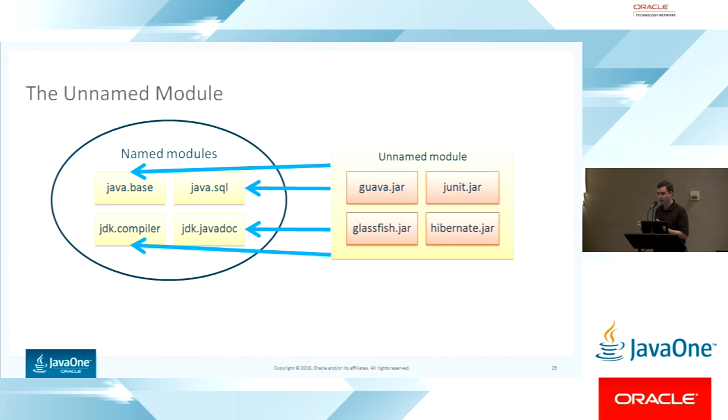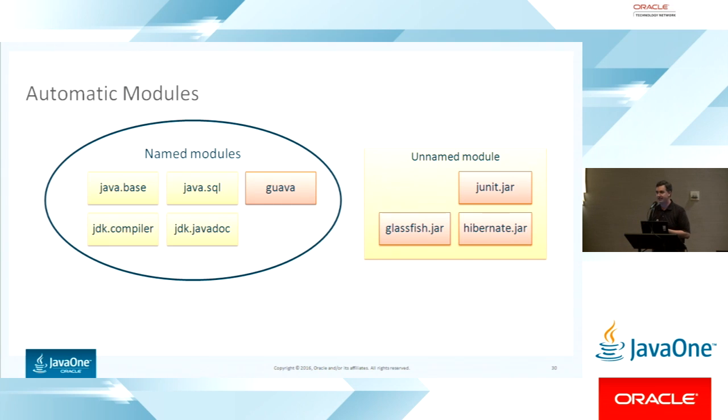So you cannot write requires unnamed or requires class path in module-info.java. There are no reads edges going out to the unnamed module. This seems like a huge hindrance for migration because any jar you turn into a named module can't access the jars left on the class path.